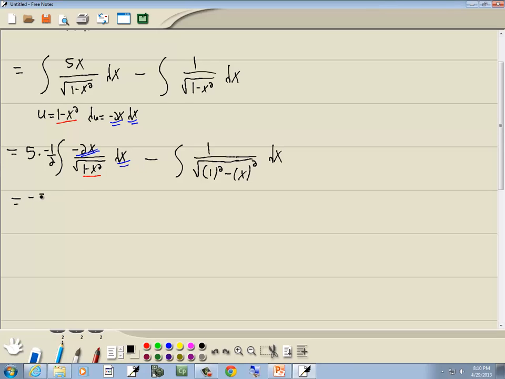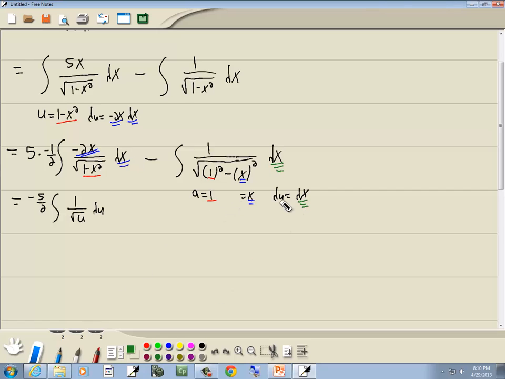Okay, so that gives us negative 5/2, and then this becomes 1 over square root of u du. Okay, over to here, a would be 1, u would be x, and du would be dx. So that's going to replace that. The x dx. I shouldn't have used u's.